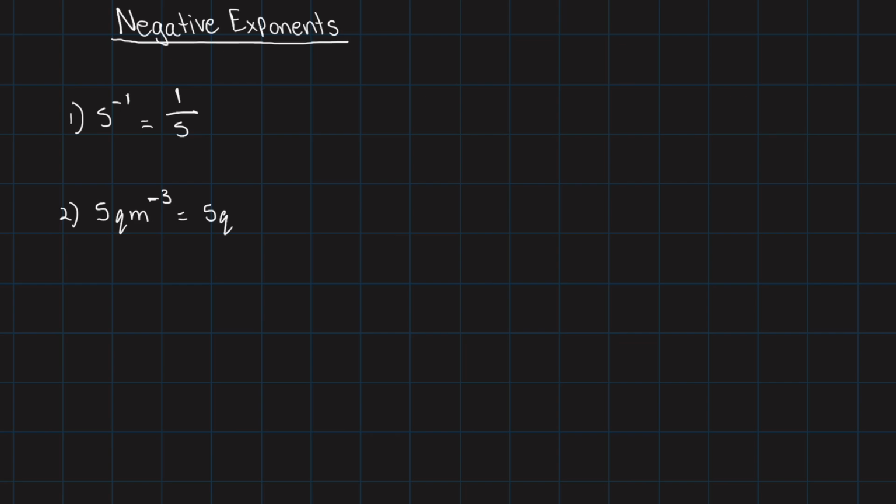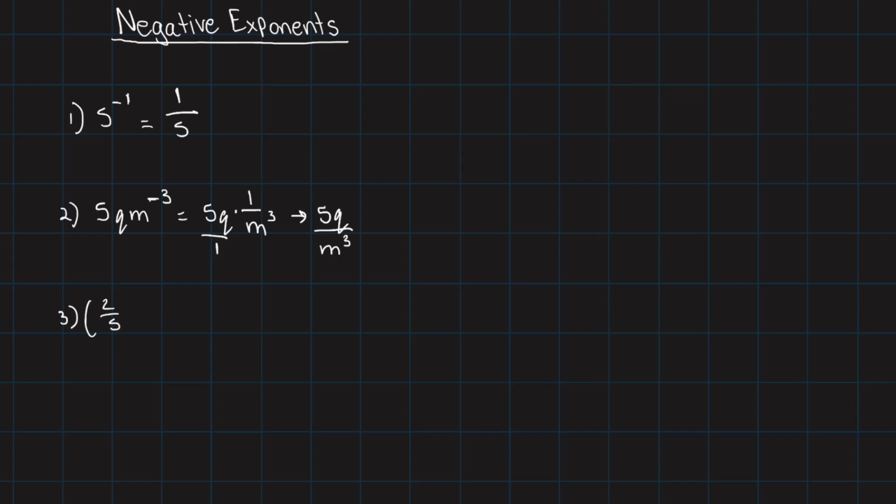If we want to write this in the form of a positive exponent, it's 1 over m cubed. So then this can become 5q over m cubed, because the 5q multiplies with the 1, becomes 5q, and then the invisible 1 denominator here multiplies with m cubed, and that just becomes m cubed.